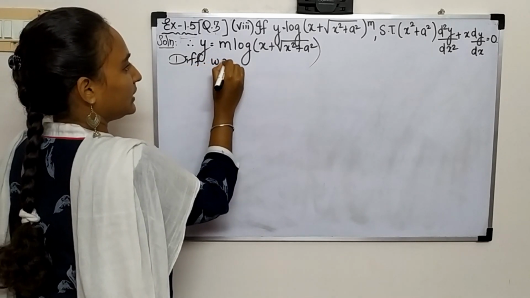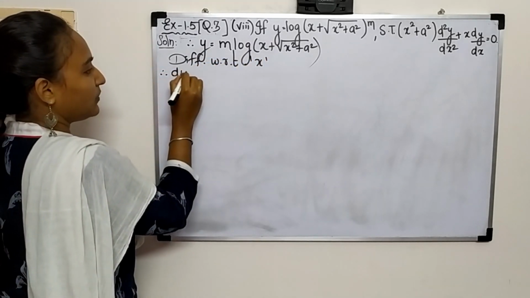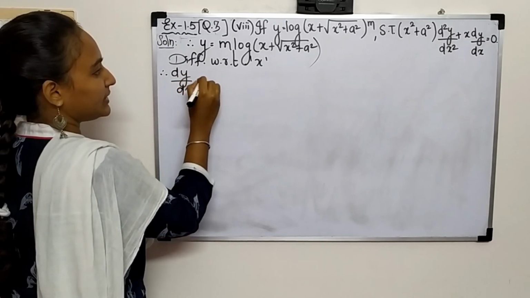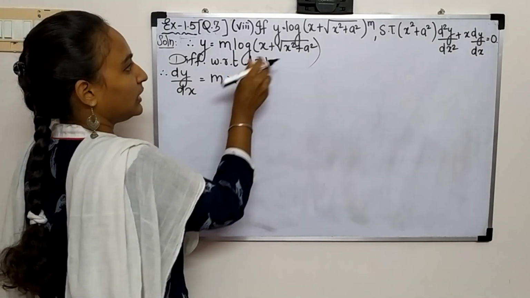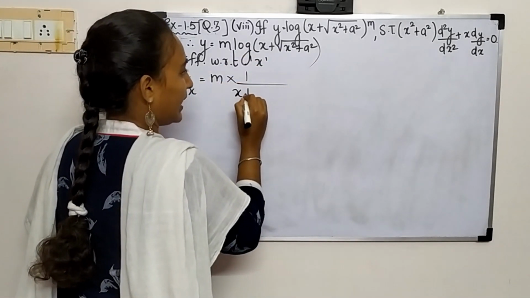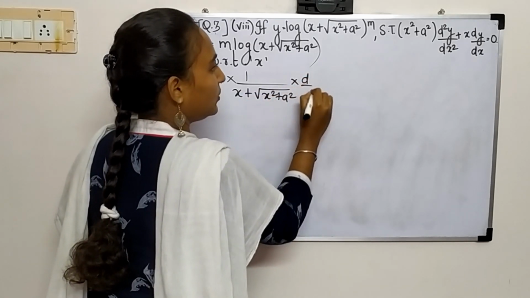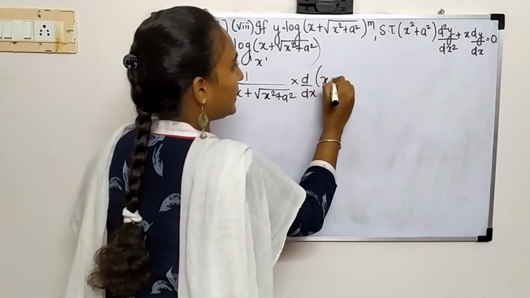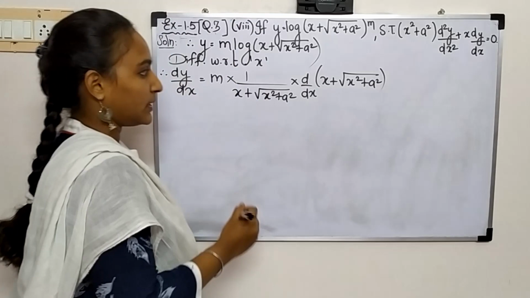Differentiating with respect to x, therefore dy by dx is equal to m, which is your constant, keep it out, and the derivative of log is 1 by x plus root x square plus a square into the derivative of x plus root x square plus a square.